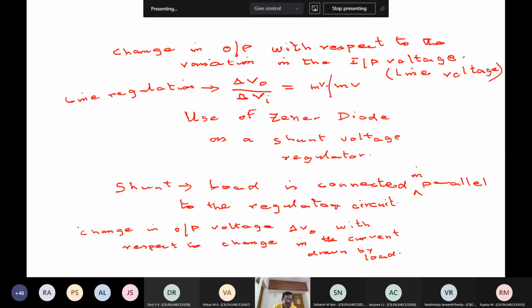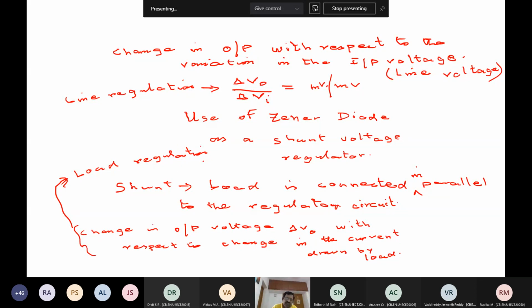This is called load regulation. It is a standard metric for how good your regulator is: you calculate line regulation and load regulation, and if they are minimum, then you are good to go.